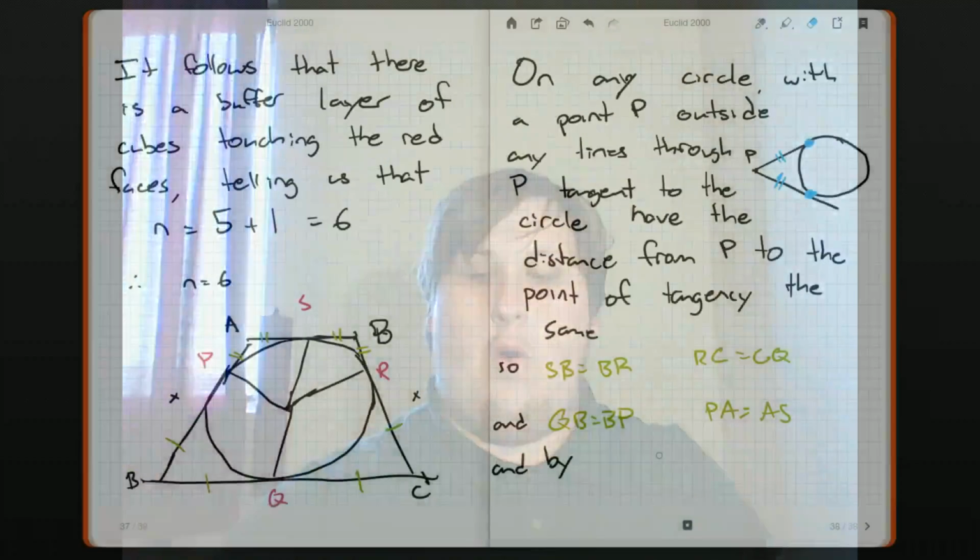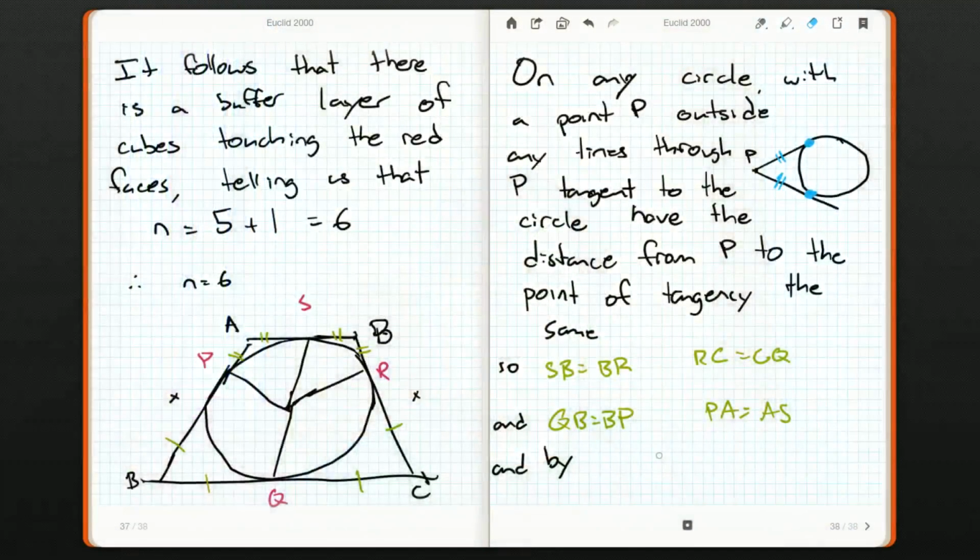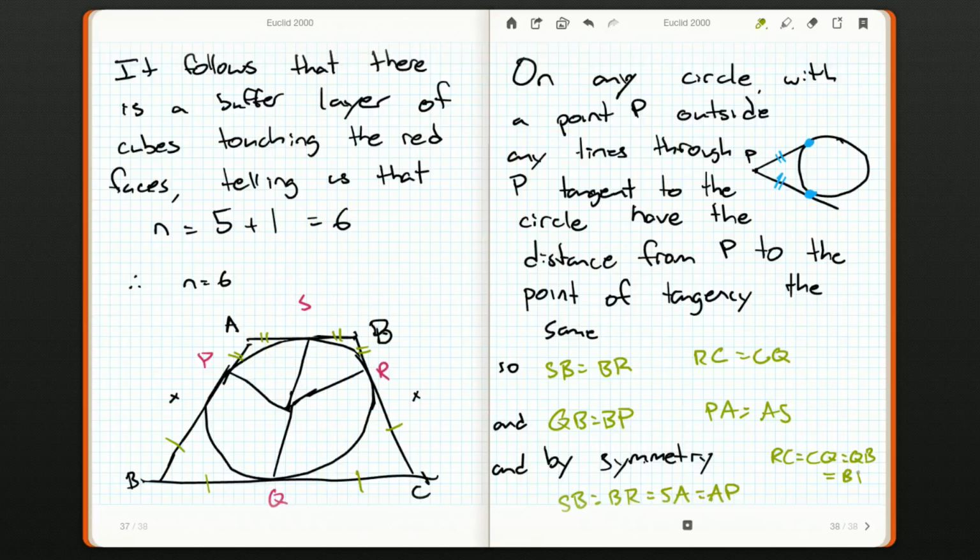So what we can do is match up common lengths, and by symmetry, SB is going to be equal to BR. We knew that SA is going to be equal to AP. And the other one, RC is equal to CQ is equal to QB is equal to BP.